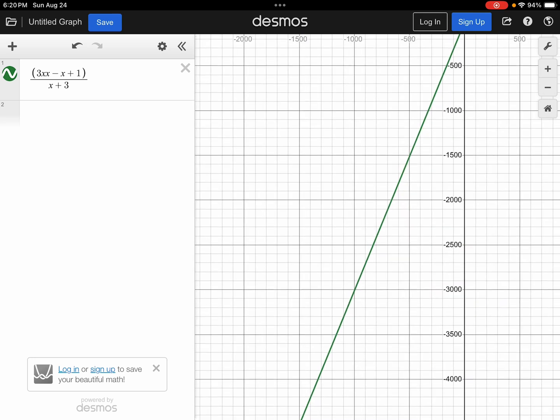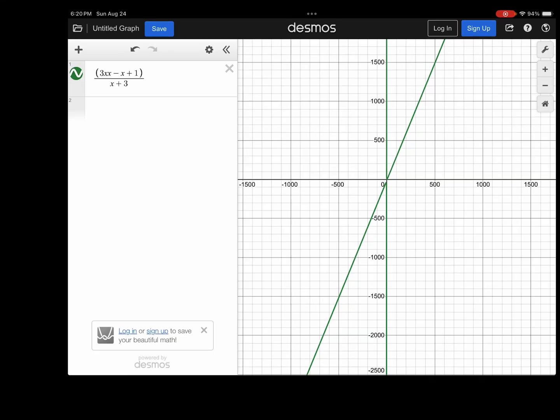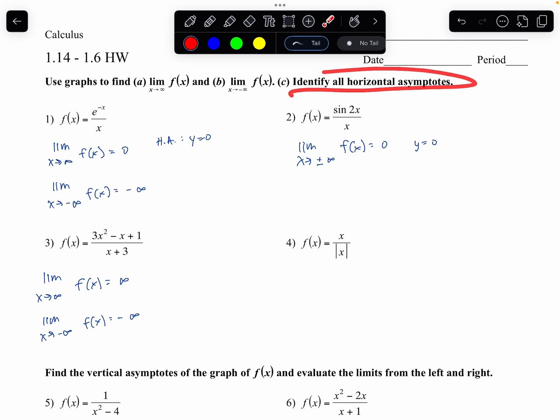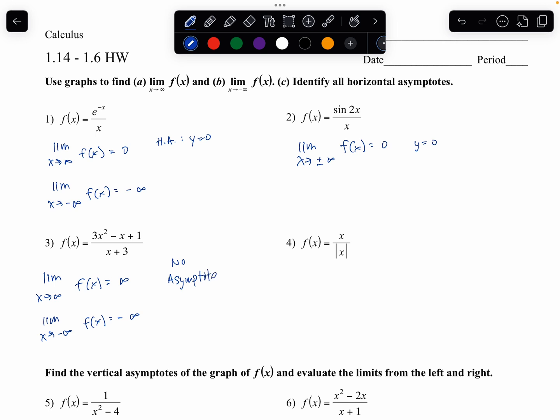At negative infinity, it looks like the graph is approaching negative infinity. So the limit as x approaches positive infinity of f of x is going to be positive infinity, and the limit as x approaches negative infinity of f of x is going to be equal to negative infinity. But it does not seem that there are any asymptotes, so I'm going to say no asymptotes.